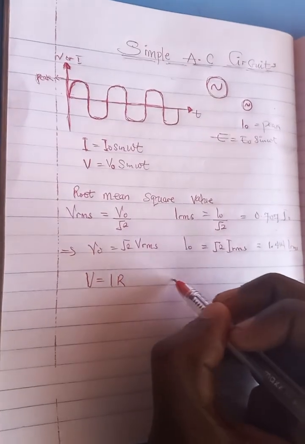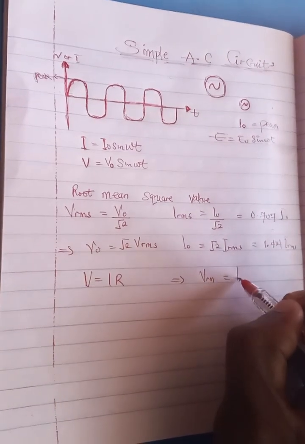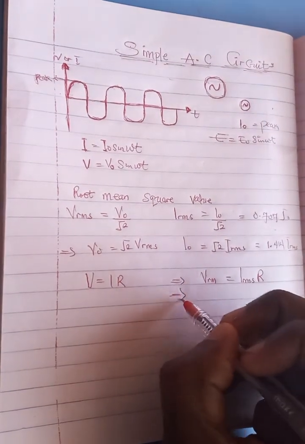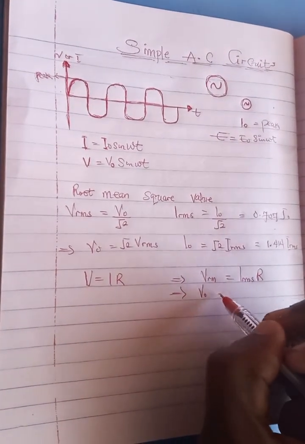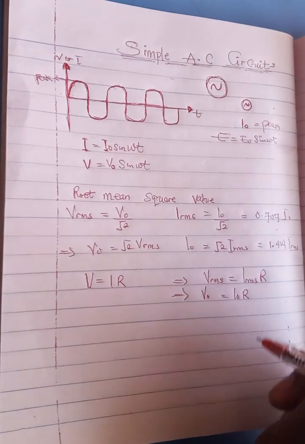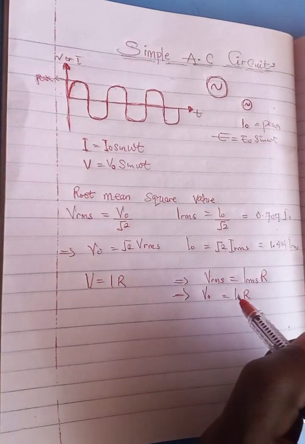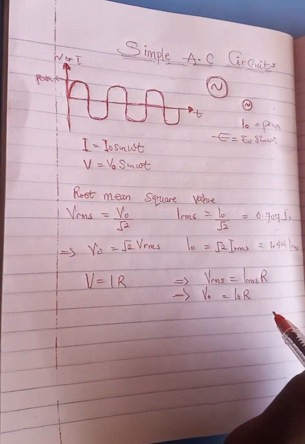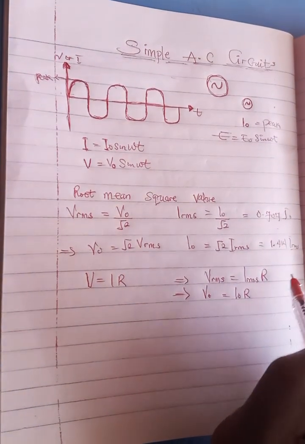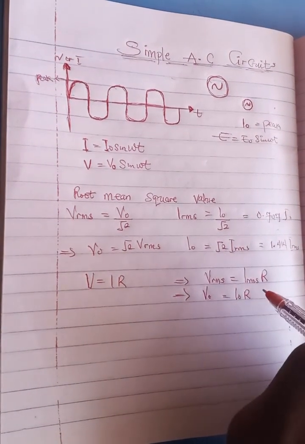This simply implies that V RMS is equal to I RMS times R, and also V naught is equal to I naught times R. So always take note of this, because in some questions you'll be asked to find current in an AC circuit, and you'll be given the RMS voltage and you have to find current. Make sure that the voltage is an RMS voltage to find the RMS value of current.